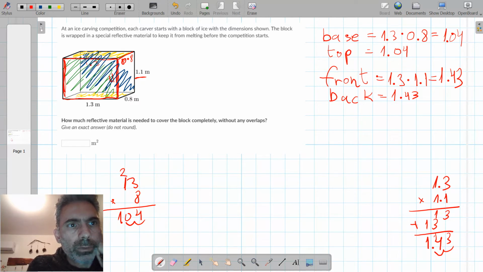Okay, now the left side. The left side has an area of 0.8, which is this side, 0.8 times the height, which is 1.1.